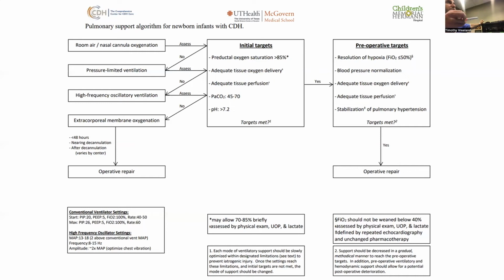So preoperative targets: resolution of hypoxia, and we really don't want to be operating with an FiO2 greater than 50%. The blood pressure needs to be normalized, lactates need to be normal, and again, we want our pulmonary hypertension stable.